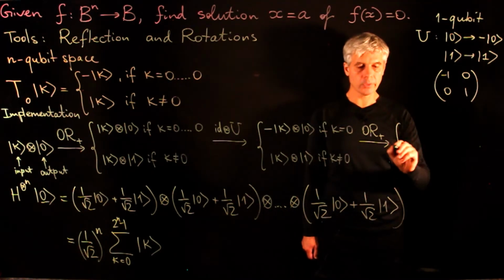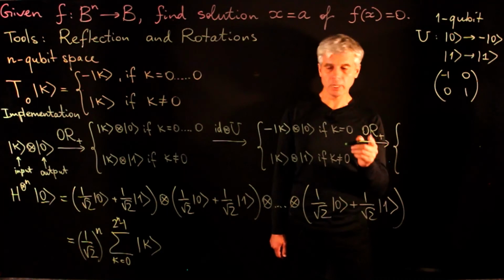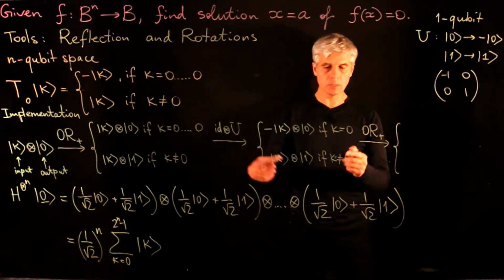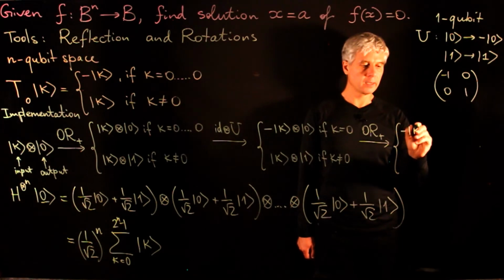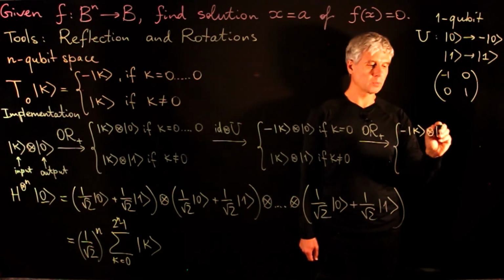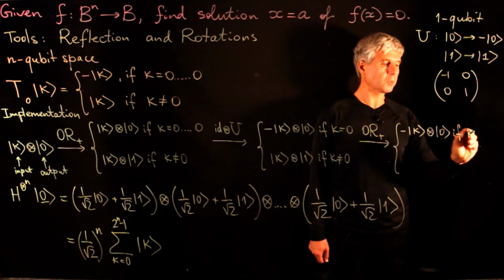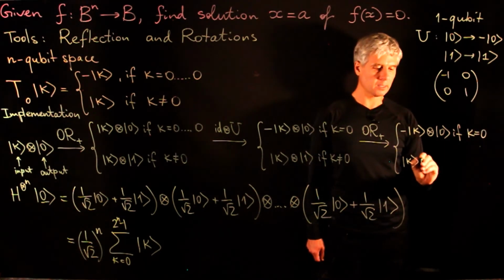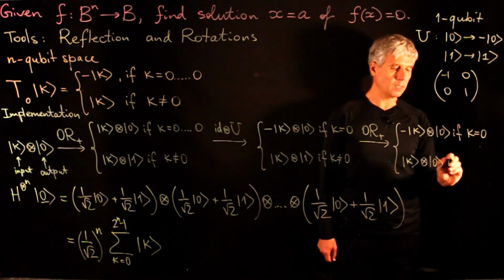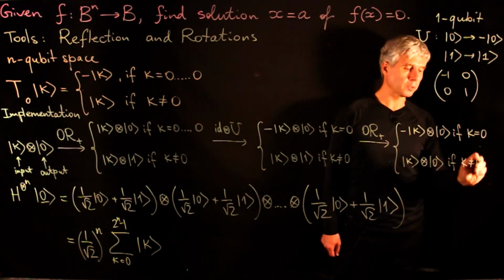If we apply the same OR to these inputs, we get negative k tensor with 0 if k is equal to 0, and k tensor with 0 if k is not equal to 0.